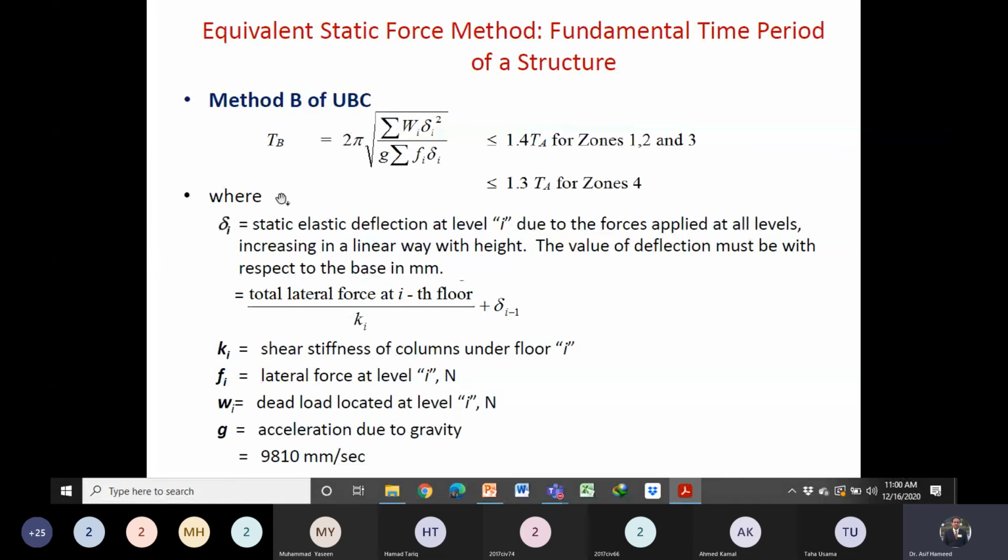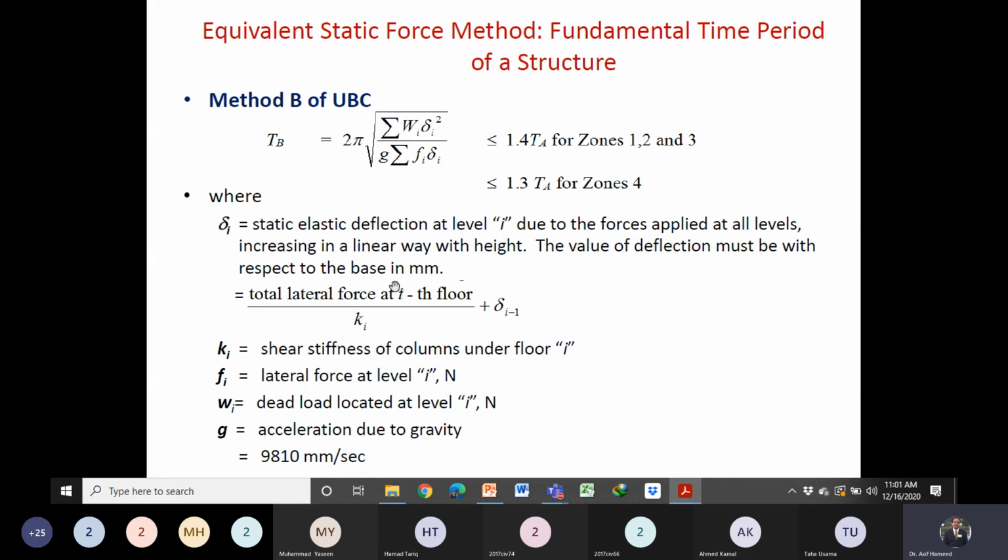How can we calculate this lateral displacement? It is the lateral force acting at that floor and above that floor divided by the stiffness of that floor. Again, I am repeating. The lateral force acting at the ith floor and all the floors above the ith floor, divided by the lateral stiffness of that floor, plus the lateral displacement of the previous floor.